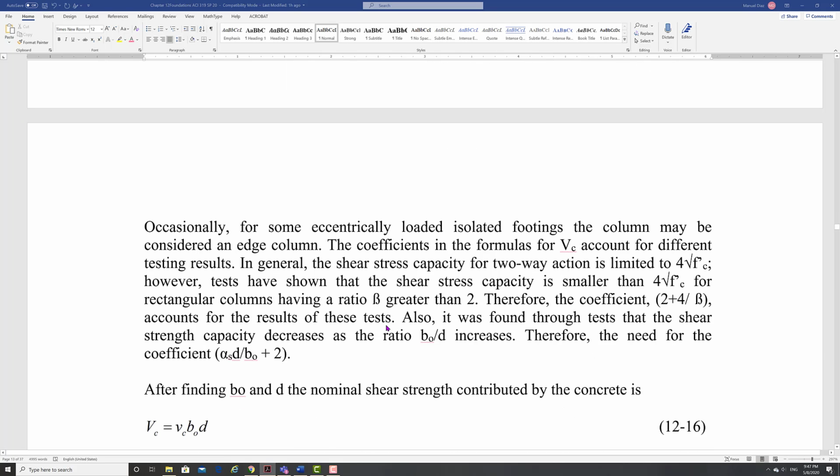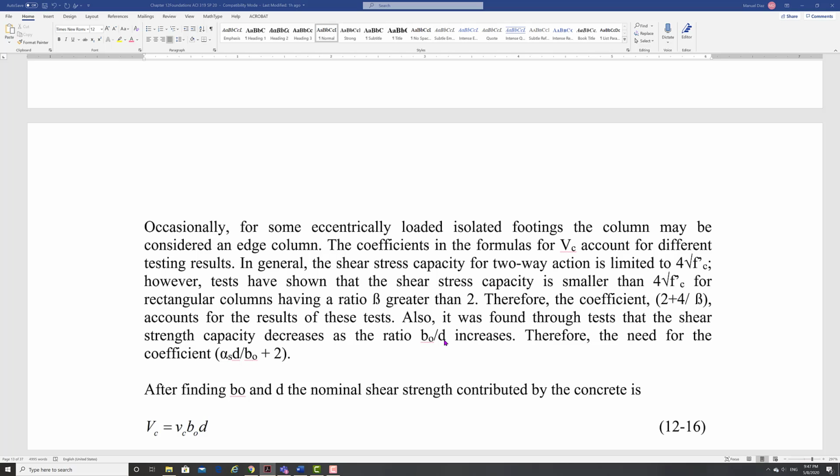Okay, the other problem is that as your sections become rectangular in shape, then the behavior starts changing, and then your strain capacity changes also with this B naught divided by D. Okay? And that's why there is that formula, right?